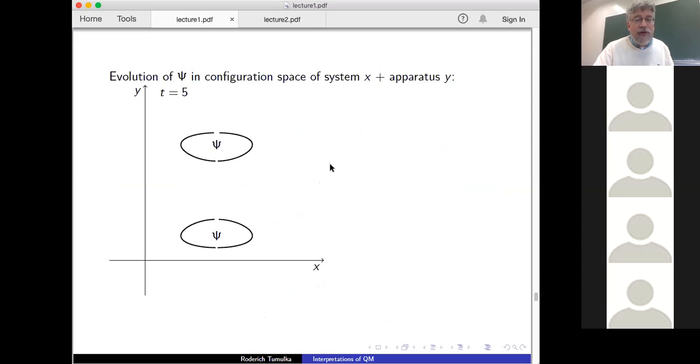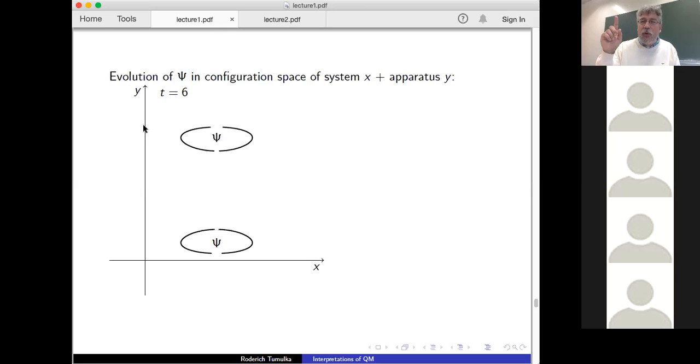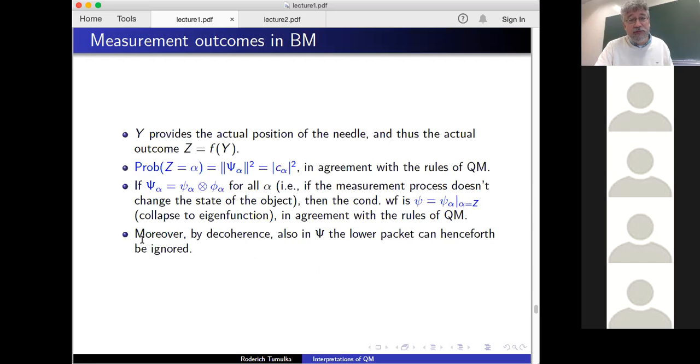Contributions with different eigenvalues now move to different regions of the configuration space. So here's the region of the Y configuration space in which the needle points to a particular alpha value. Here's a region in the Y configuration space where the needle points to a different alpha value. So the wave function is a superposition of these two or more contributions.